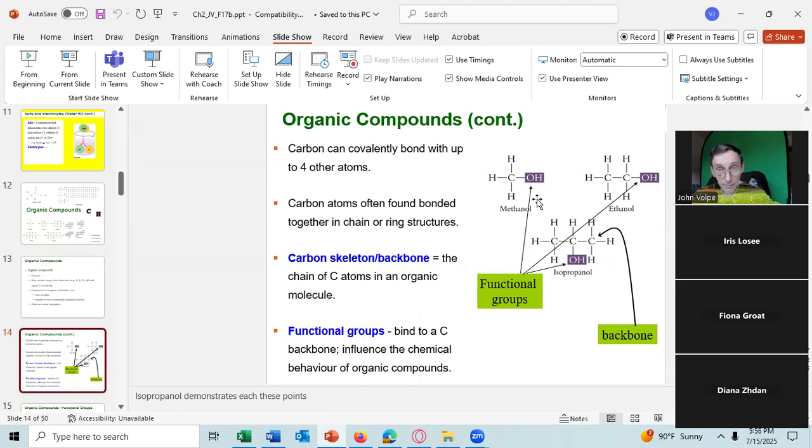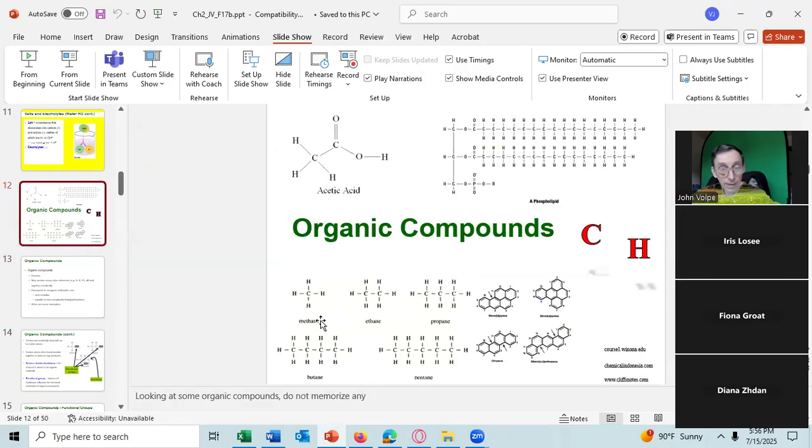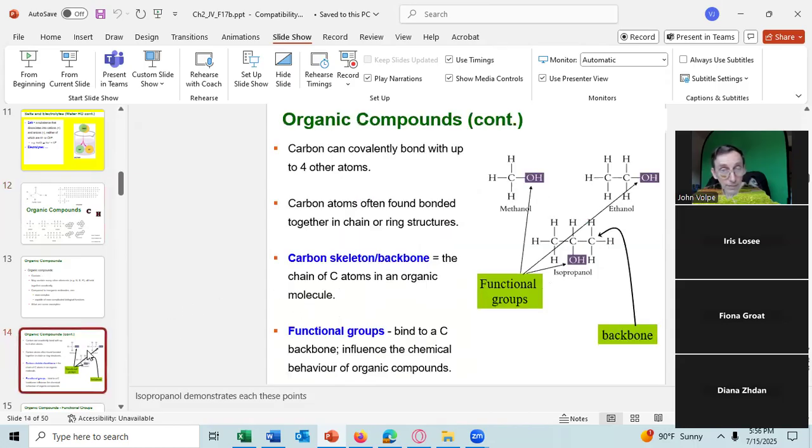Like methanol, the OH group is a functional group, and it gives the molecule different properties than methane, CH4, because methane has no functional groups. Methanol has one functional group, the OH, and this OH group gives methanol different properties than methane.